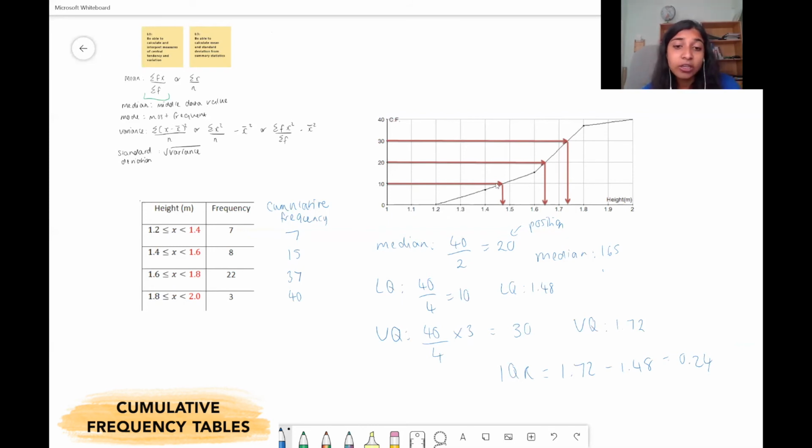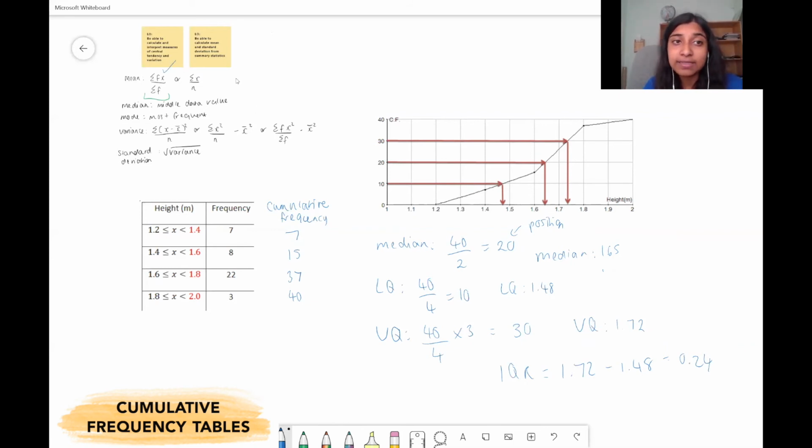And then you can use your median, lower quartile and upper quartile to plot your box plot, like what we did in the previous video. So if you've forgotten how to do box plots, make sure you refer back to that video. That's basically all the central tendencies and variations that we need to know.